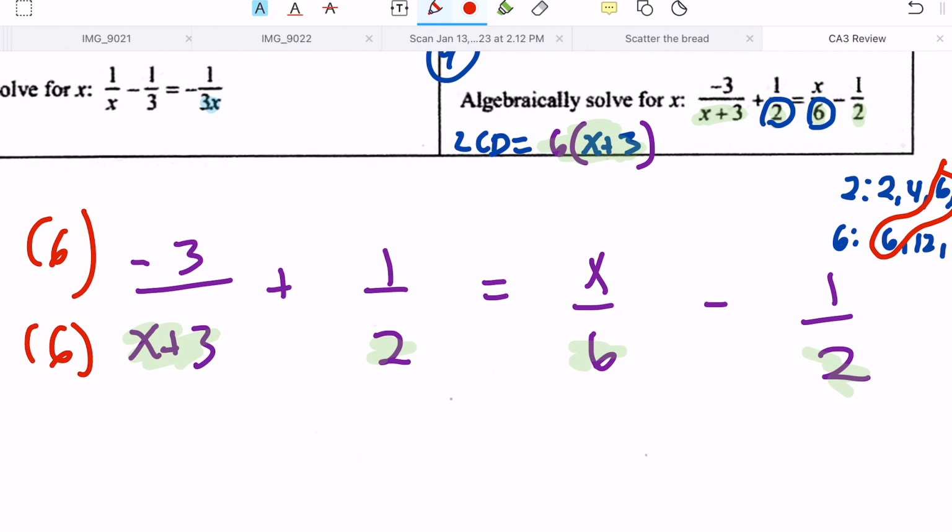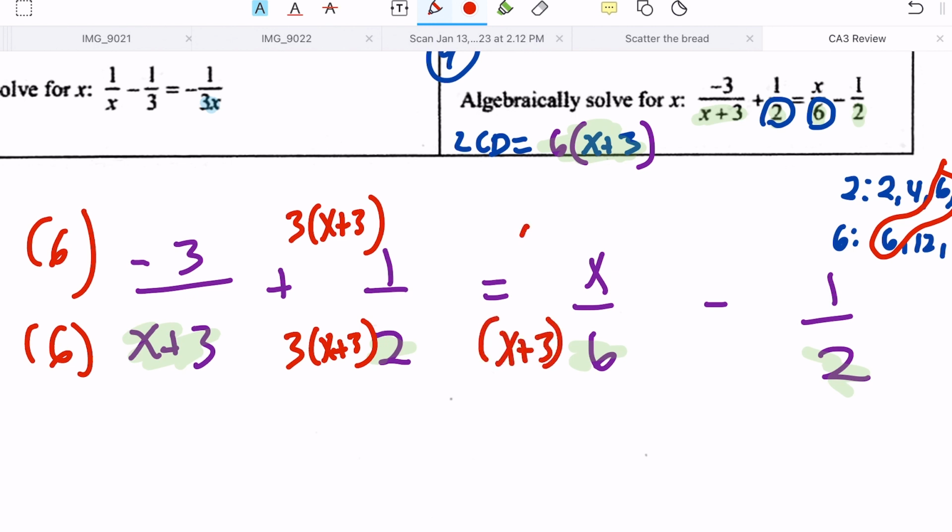The second one is missing the x plus 3, and not only the x plus 3, we also have to multiply it by 3, because 3 times 2 is 6. So we multiply again. Okay? And then this one is missing the x plus 3. And this other one is also missing the x plus 3. This one here is missing the 3.